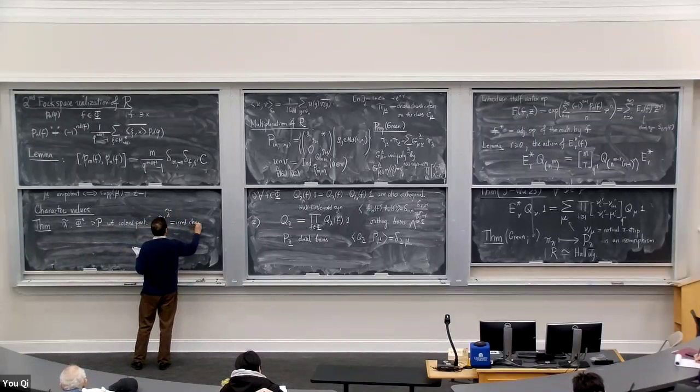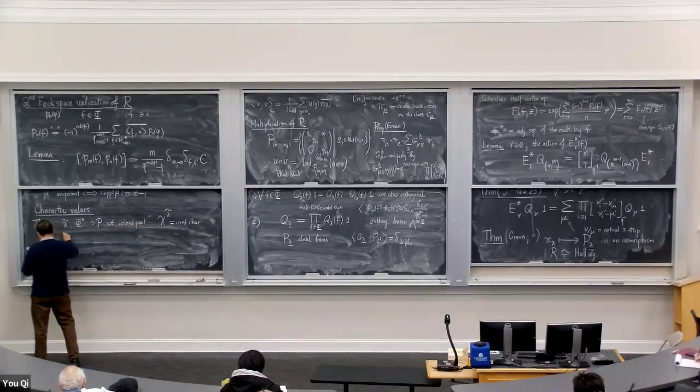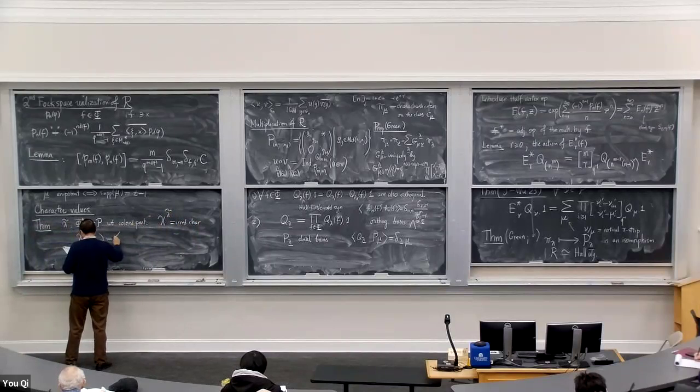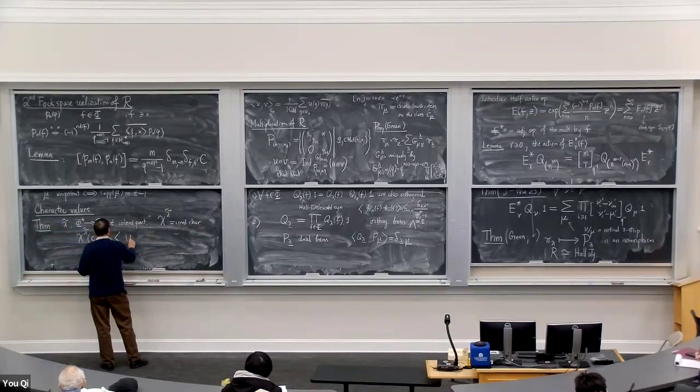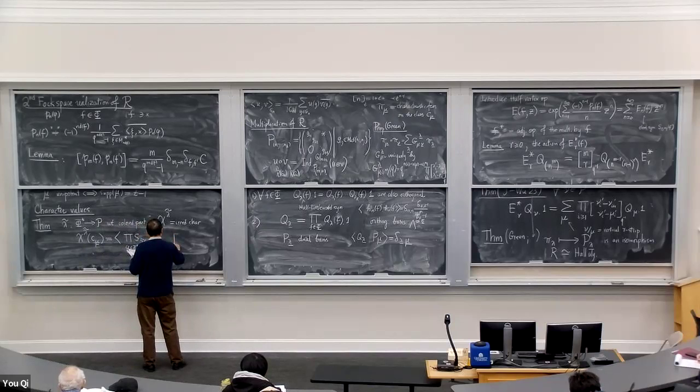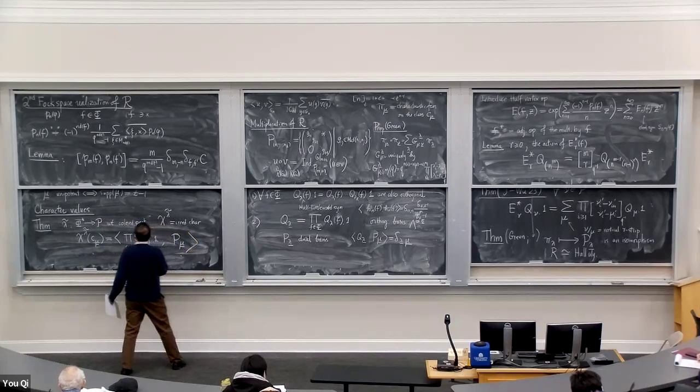And then you have this on the classes. By the previous work, we already know that these are really characters, and then this P, the inner product is living.